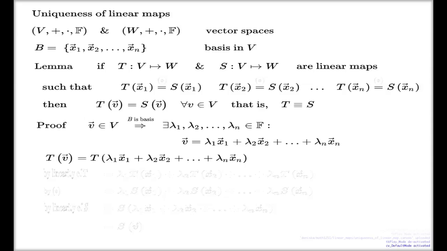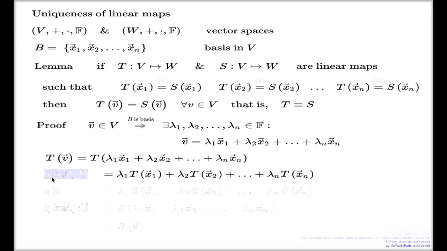By linearity, because it's a linear map, one of the elementary properties I established on my first slide via mathematical induction, I can say that this can be given as a linear combination of the individual values. Here we go: lambda 1 T of x1, lambda 2 T of x2 plus dots lambda n T of xn.